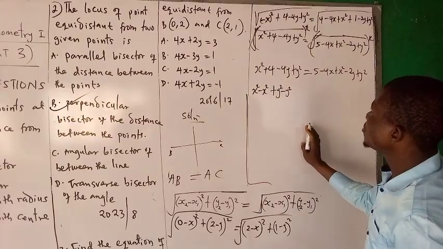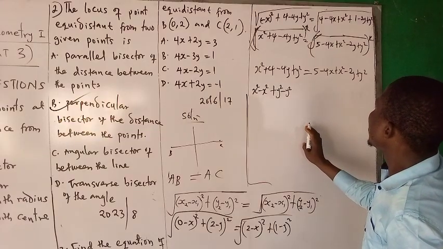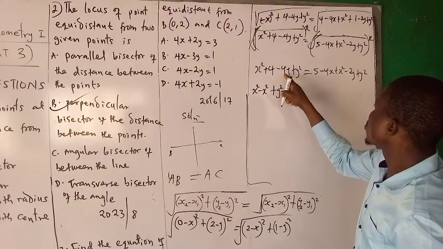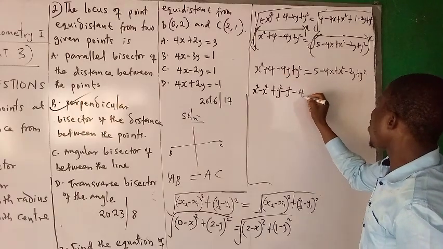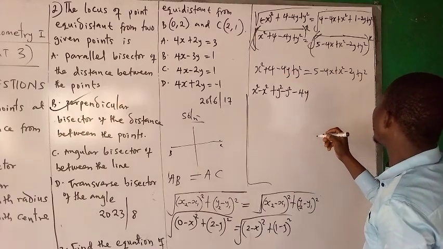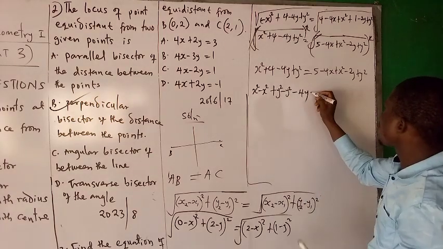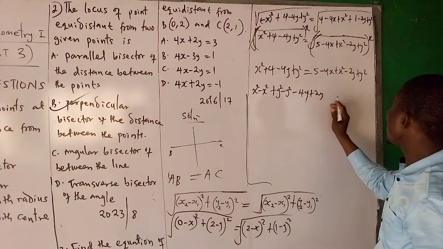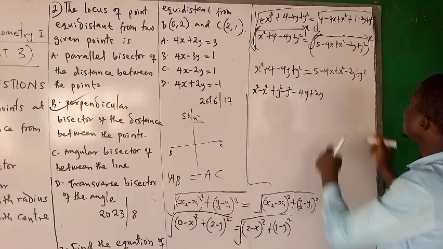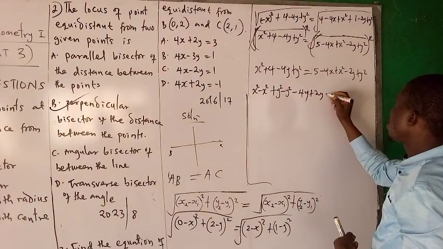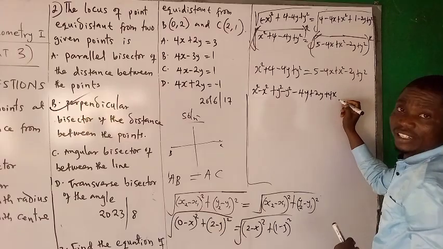Alright, now we have minus 4y here, then minus 2y becomes plus 2y, right? Then minus 4x goes this side because plus 4x, right?